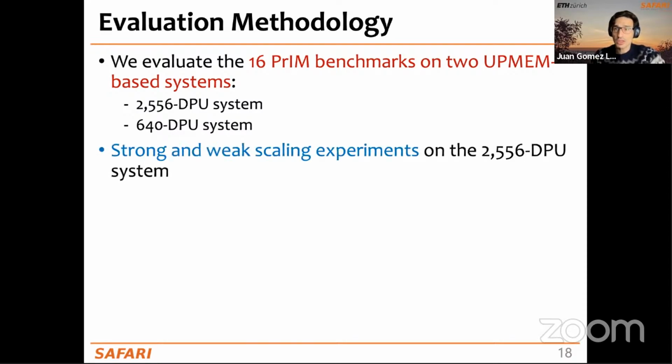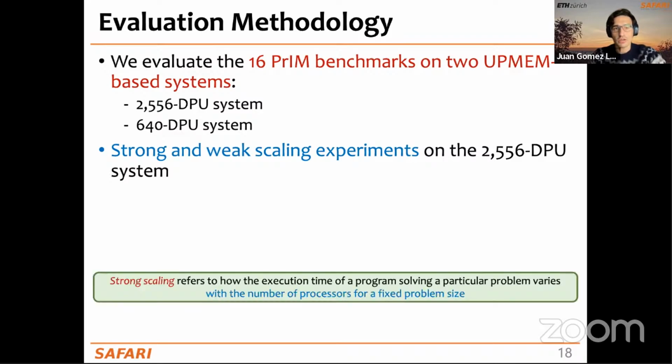We have characterized the execution of these benchmarks on the two systems by using both strong and weak scaling experiments. We have actually run these experiments on the larger system because we have more DPUs, so we can observe more scaling characteristics.